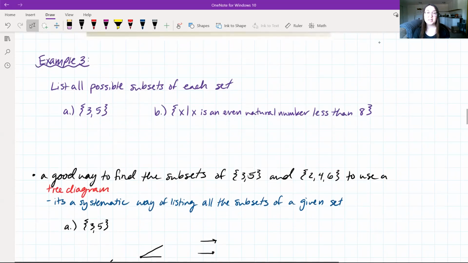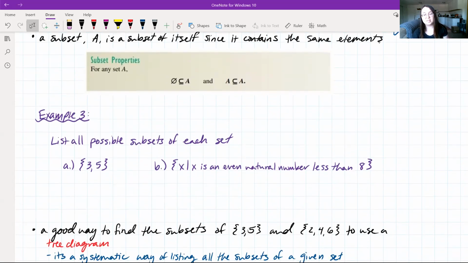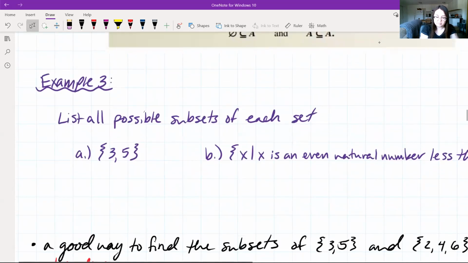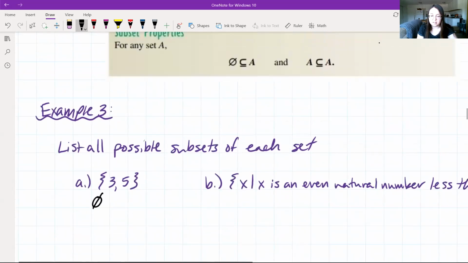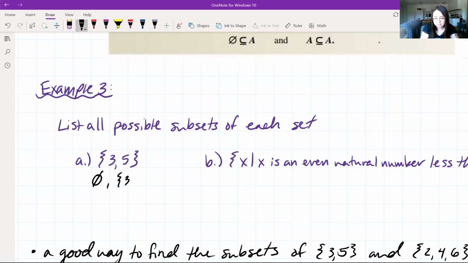All right, example 3. We just want to list all the possible subsets of each set. So if we want to think about all possible subsets, well, we already know our subset properties. So our empty set is a subset, and our set is a subset of itself. So we can write right off the bat that the empty set and the set itself are both subsets.